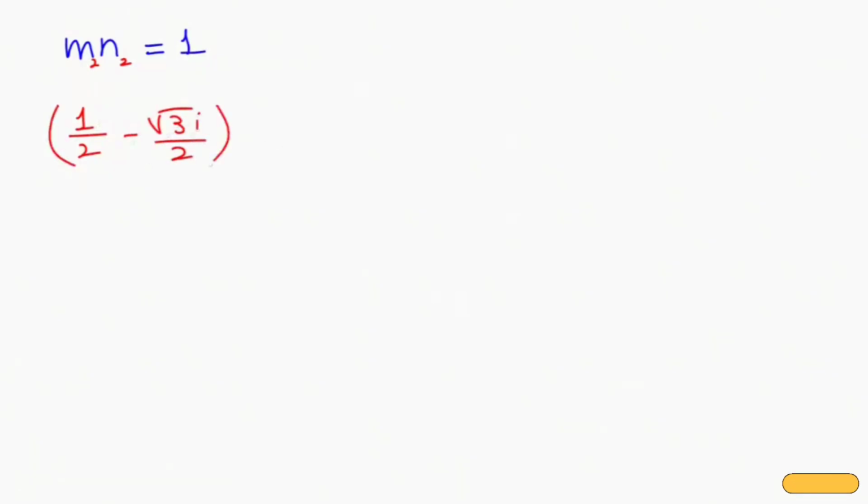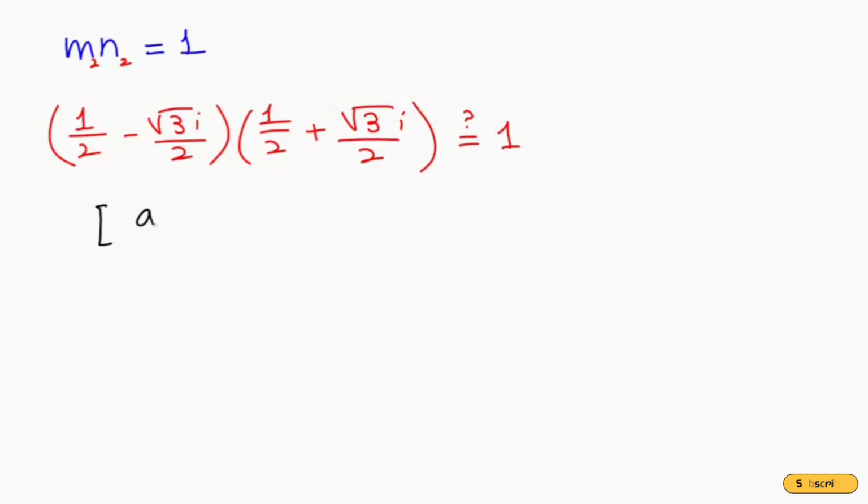And this is going to be multiplied by 1 over 2 plus root of 3 iota over 2, is equal to 1. Now here I'm going to apply the algebraic identity, that is a minus b times a plus b can be written as a square minus b square.